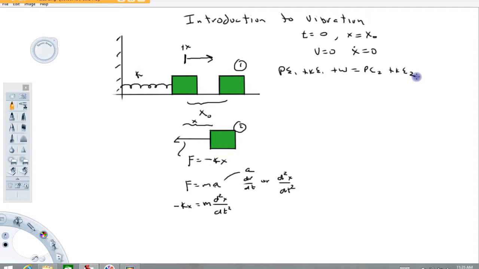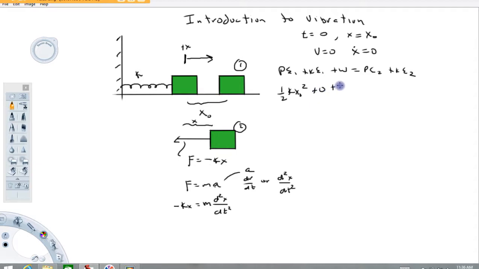Now, in this problem, the only relevant type of energies are elastic potential energies. If I put a datum right through here, there are no gravitational potential energies in this problem. So the PE1 term is going to be 1/2 k x sub o squared, because at position 1, x sub o is the distance that the spring would be stretched.